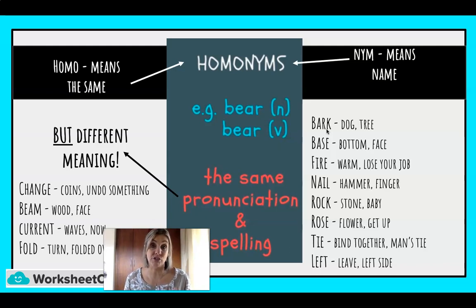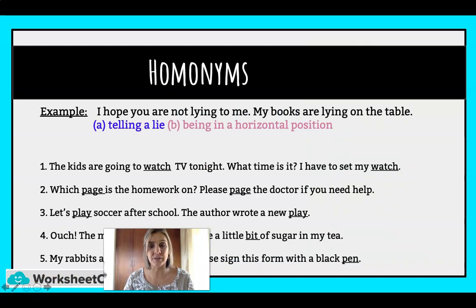Rock, as in a stone, or to rock a baby to sleep. Rose, as in a flower, or to get up, he rose from his chair. Tie, as in to tie your shoelace, to bind together, or a man's tie. And then left, as in he left the building, so it's something to do with leaving somewhere, and the left side. Okay, so let's jump right in and see how you do with this one.